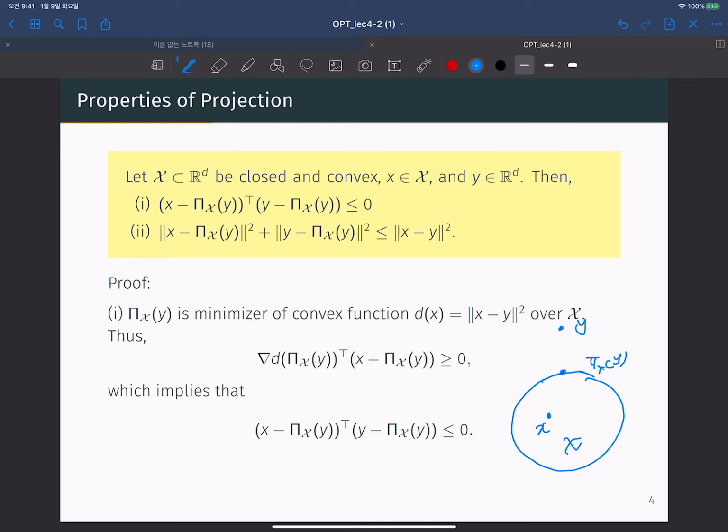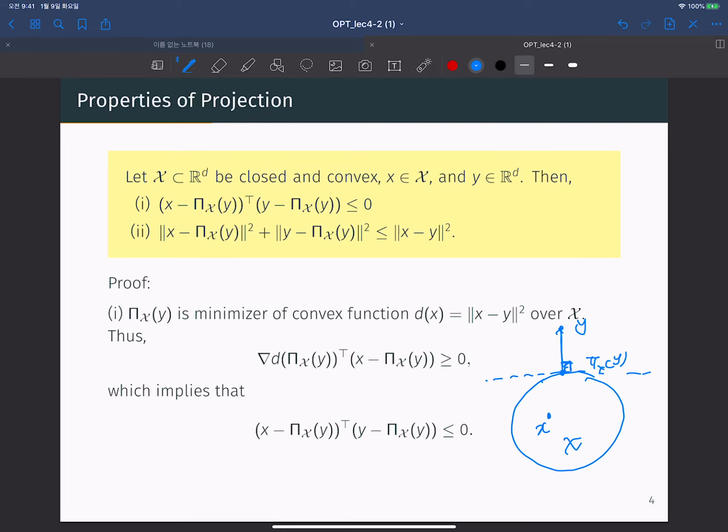The projection is the closest point in the convex set to the point y. So there is a tangential line here, and we can draw a vector to y from the projected point. And usually the angle should be orthogonal, the 90 degree.